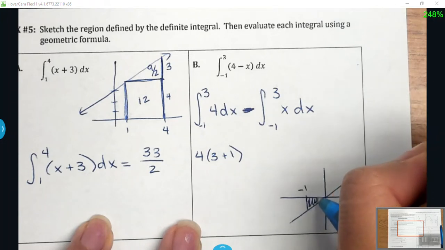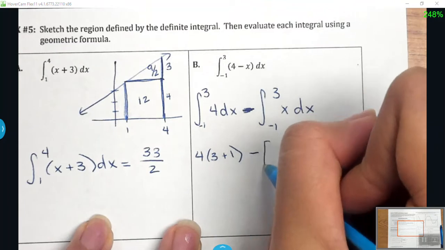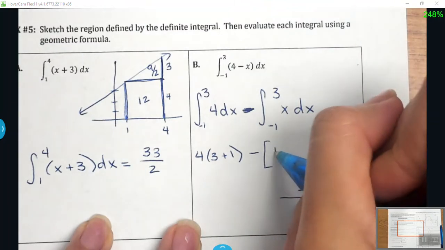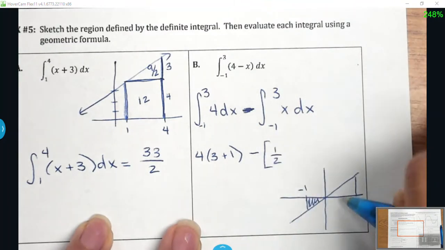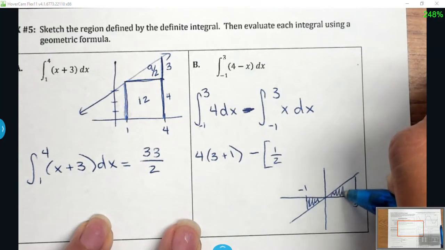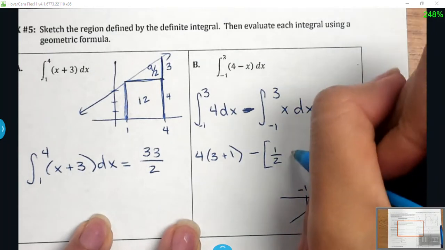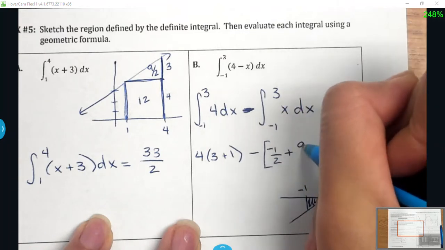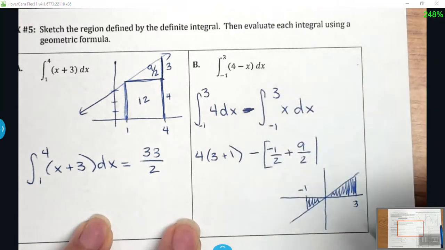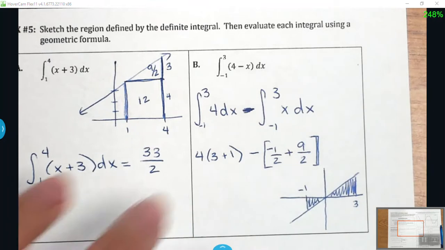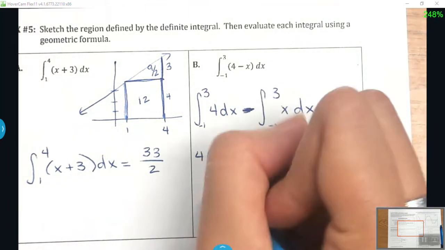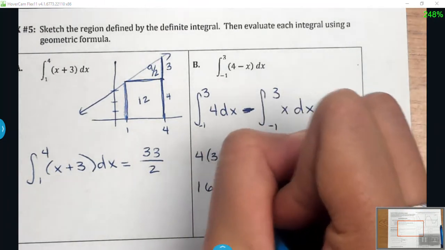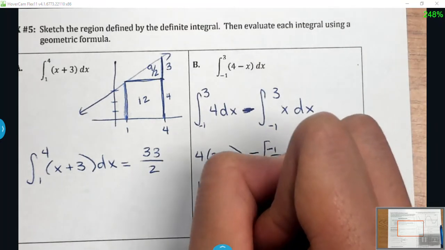So this area is 1/2, and this area is 3 times 3 divided by 2. So this is a negative 1/2 plus 9 over 2, so 4. Alright. So we got 16 minus 4, so 12.